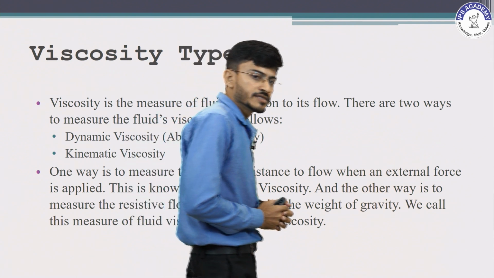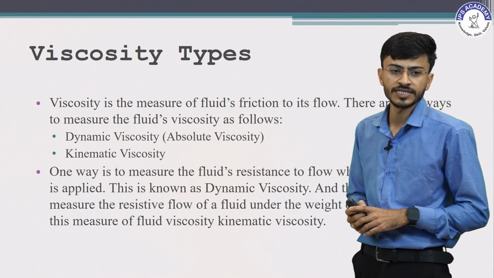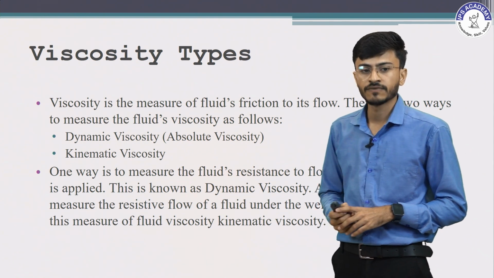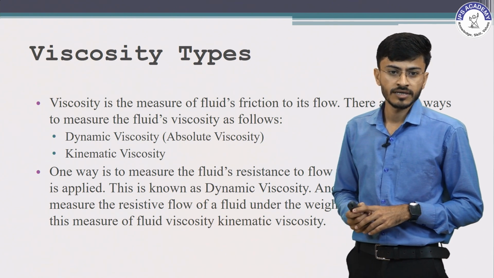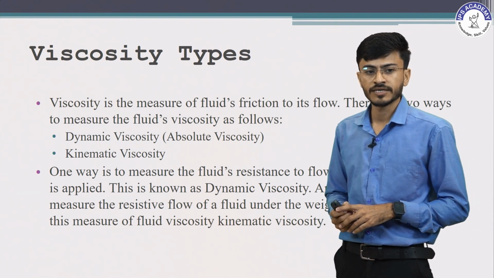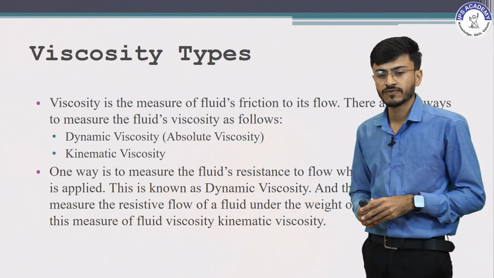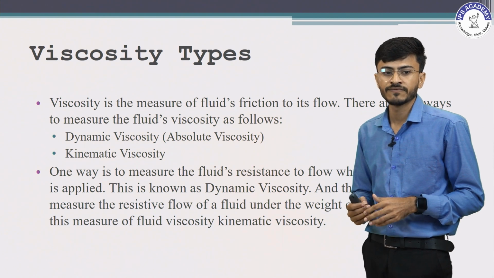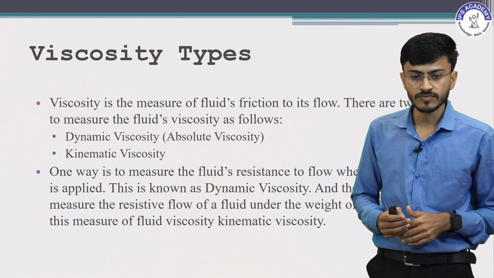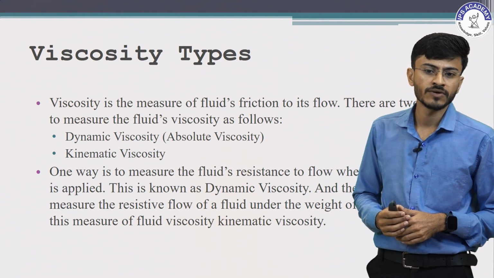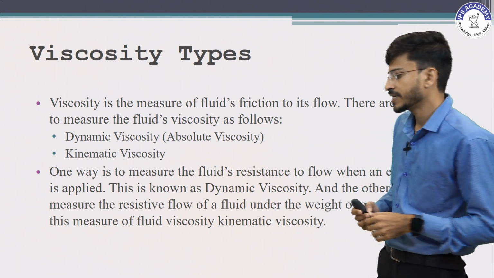Viscosity is the measure of a fluid's friction to its flow. There are basically two types of viscosity we discuss in fluid dynamics: dynamic viscosity and kinematic viscosity. We also call the dynamic viscosity the absolute viscosity. One way to measure fluid resistance to flow when an external force is applied on any fluid is known as the dynamic viscosity, generally denoted by mu. The other way is to measure the resistance to flow of the fluid under the weight of gravity.